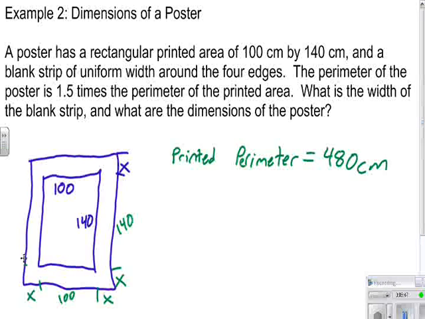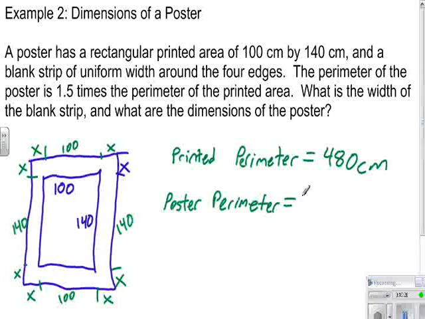So the perimeter is going to be the same as the inner perimeter plus a bunch of these widths of the strips. Finish drawing the diagram so we can get a good idea. Again, 100, 140, 100, 140, that's the same as what we had. So this is for the poster perimeter. That's going to be 480 centimeters plus all of these x's, 2, 4, 6, 8.